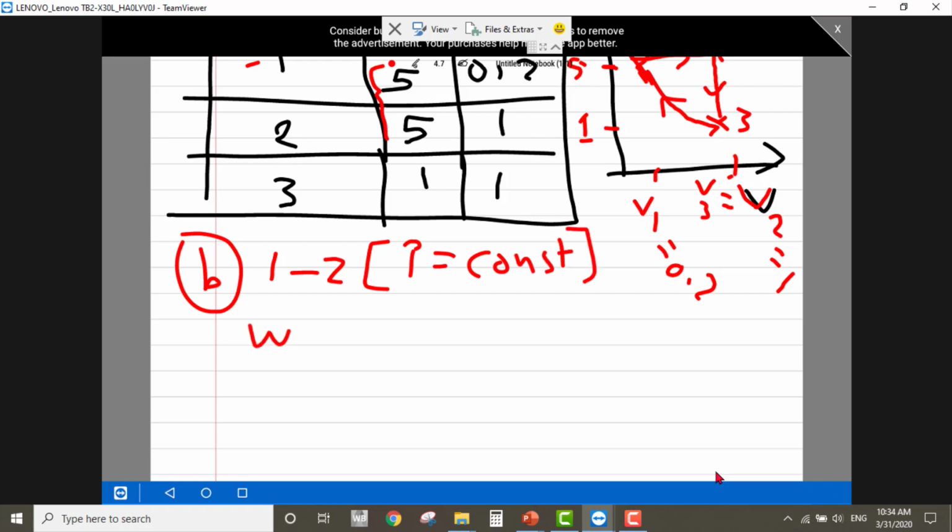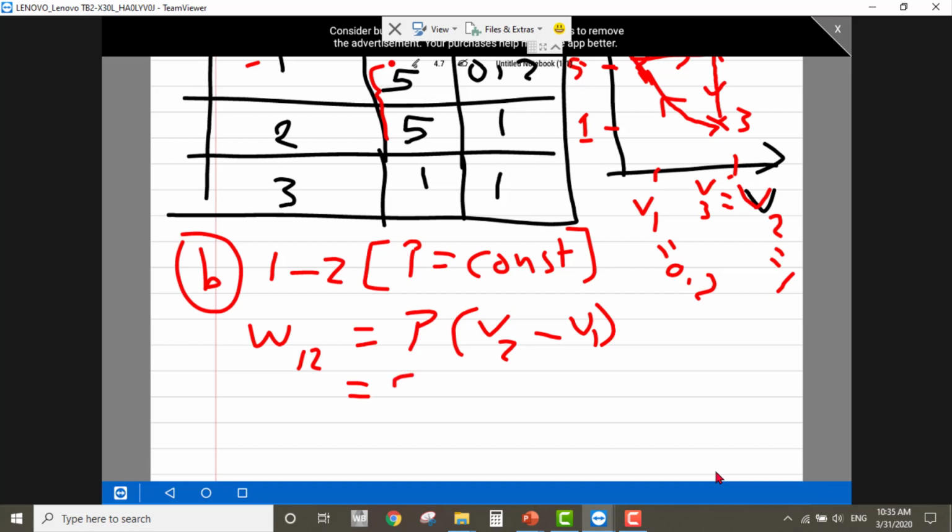So work 1 to 2 equal to, P will go outside the integration, and we end up with V final minus V initial. And this is equal to pressure 1 or pressure 2 equal 5 bar.